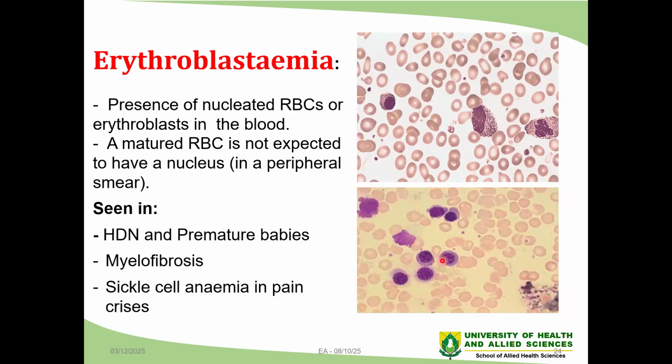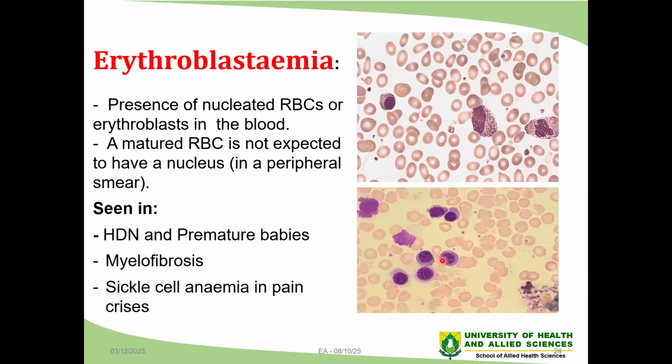Erythroblastemia may be found in conditions such as prematurity. Premature babies may present with something like that. Then people with hemolytic disease of the fetus and newborn. And also in a condition we call myelofibrosis, in which you have fibrous tissue replacing normal hematopoietic tissue in the bone marrow. And then you also have sickle cell anemia, especially when they are in pain crisis.